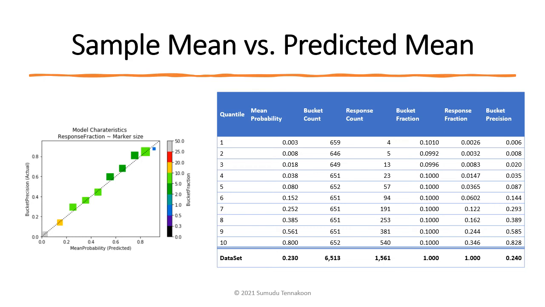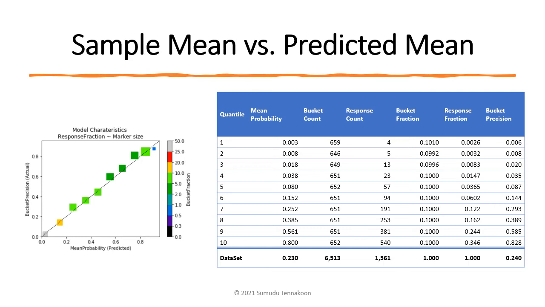We have 4 positives in quantile number 1 and 540 positives in quantile number 10, and you will see a gradually increasing pattern there. We can also calculate the bucket fraction, which should be closely similar across this quantile distribution, because we divided our testing data set into an even number of rows per bucket as much as possible.